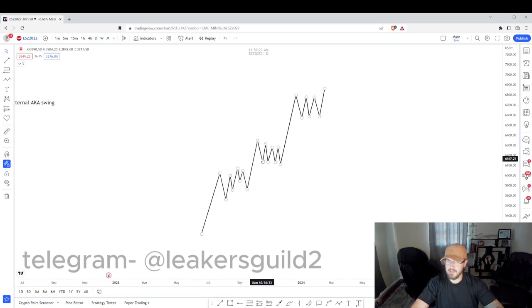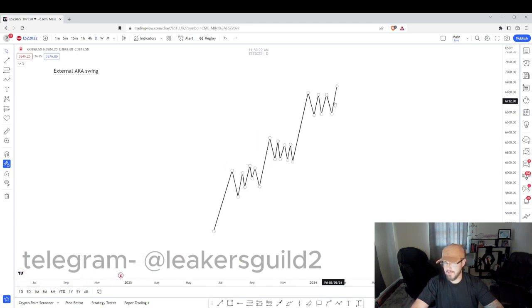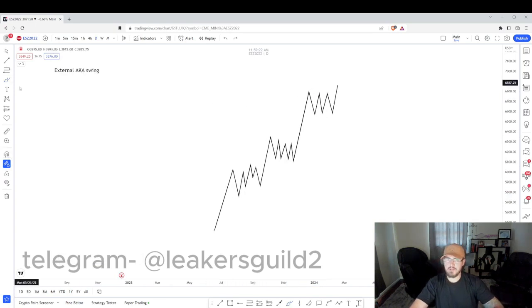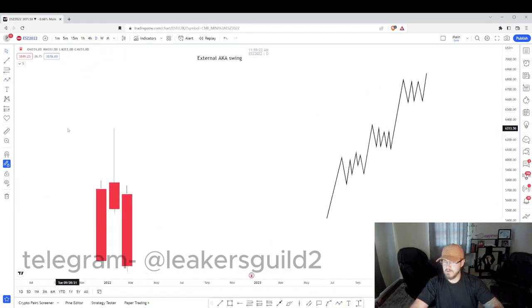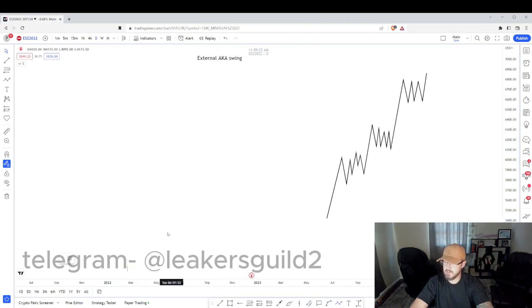If you're just looking at this leg of price, you might say that this is multiple different legs of structure, that we're going from low to high to low to high to low to high. But what if the last leg in structure looks something like this?